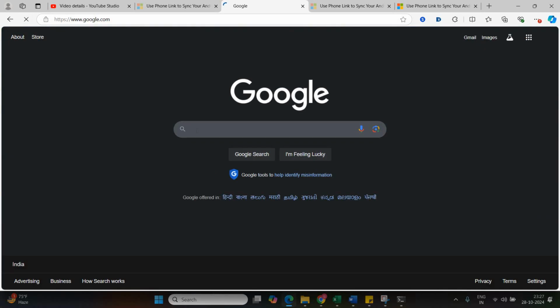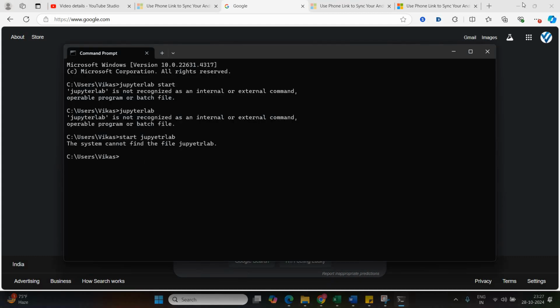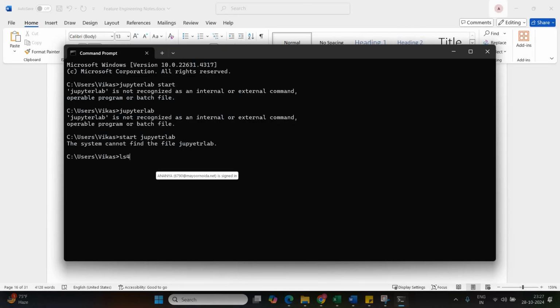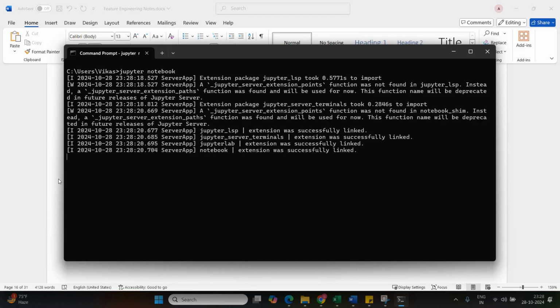I think I have forgotten the... Oh, Jupyter Notebook. I just forgot the command. Okay, sorry for that. Jupyter Notebook. So let's see. Once it starts, it will be able to launch the notebook. So here it comes.